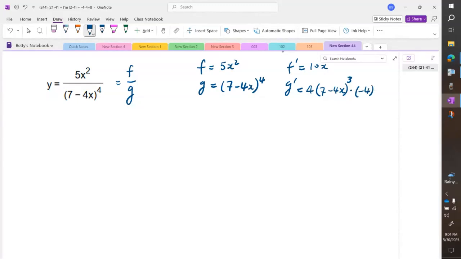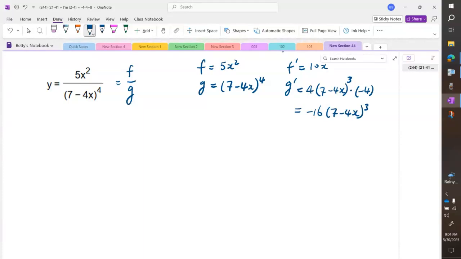The inside function is a linear binomial. The negative 4 is the slope, right? And then we simplify. 4 times negative 4 is negative 16. Negative 16 times 7 minus 4x to the power of 3. That is g prime.